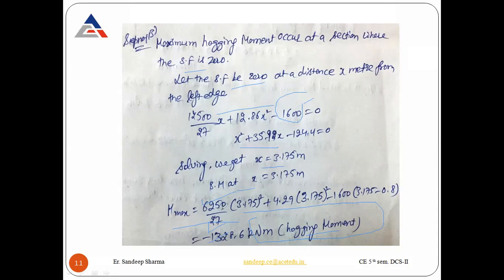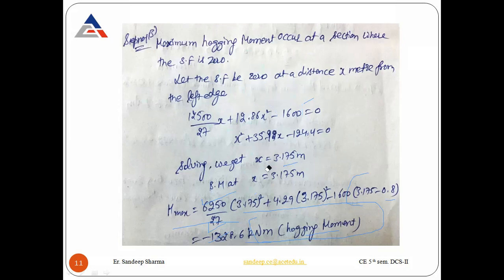The moment was 6250 by 27, and this distance 3.175 plus 4.29, minus the x distance from the left edge of the footing, and minus the projection of the footing from the left edge up to column A. So this is the maximum hogging moment that we are getting here, 1328.6 kilonewton meter.